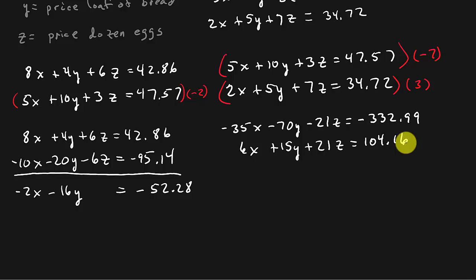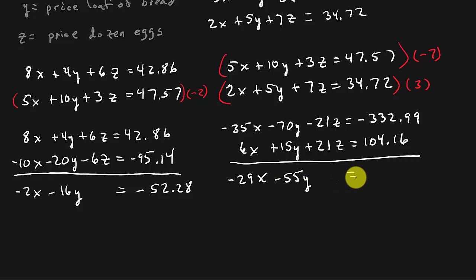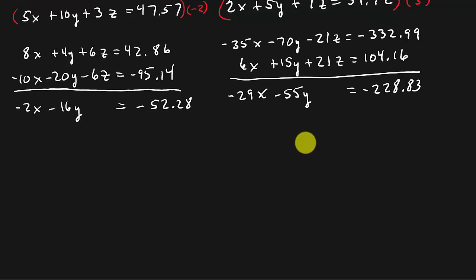Okay, and then we add, and so that is going to give us -29x minus 55y equals -228.83. All right. So we're getting there.